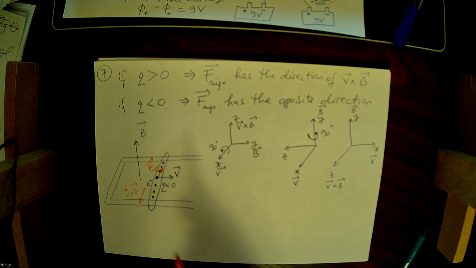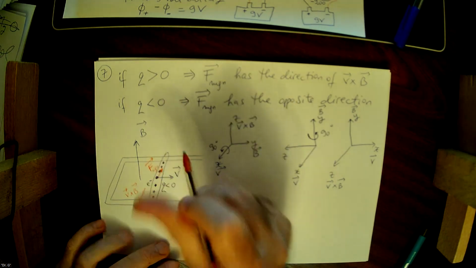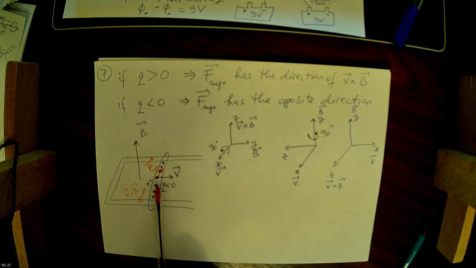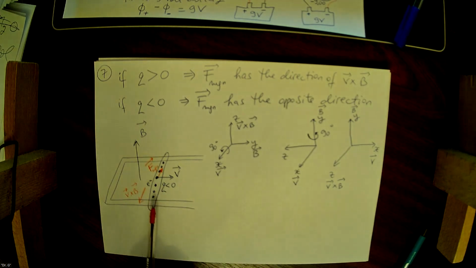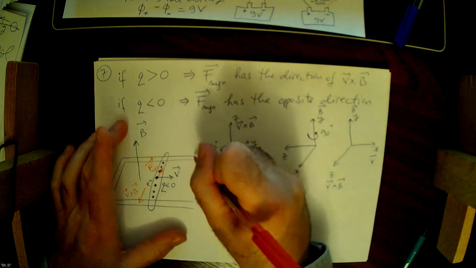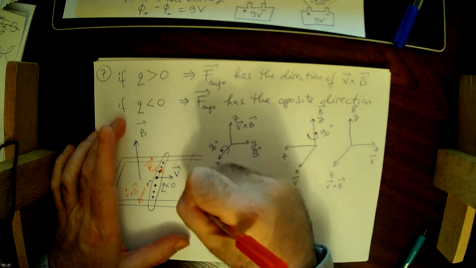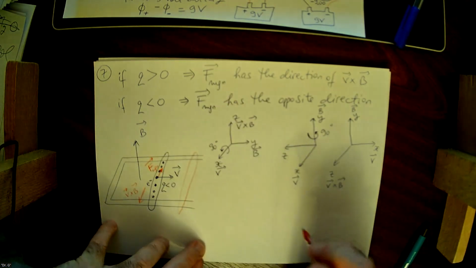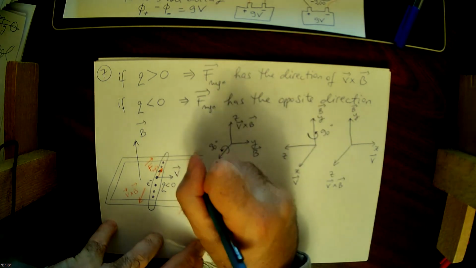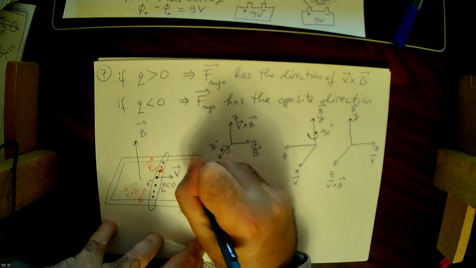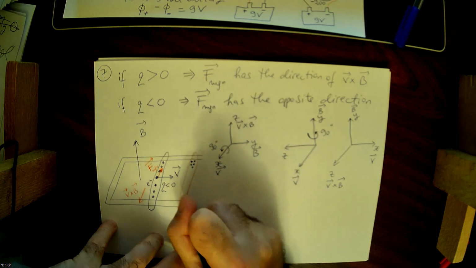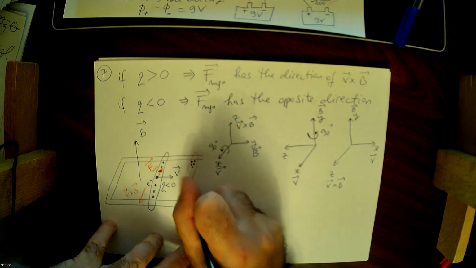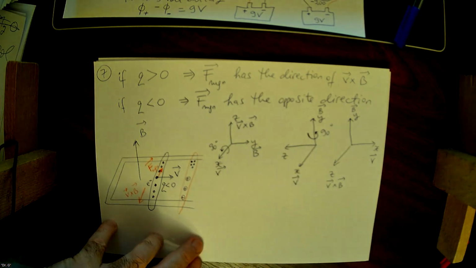So while I'm moving the rod in the magnetic field, I have this magnetic force that pushes the electrons towards one end of the rod. So I'm going to have an accumulation of electrons here, and positive ions from where they left.